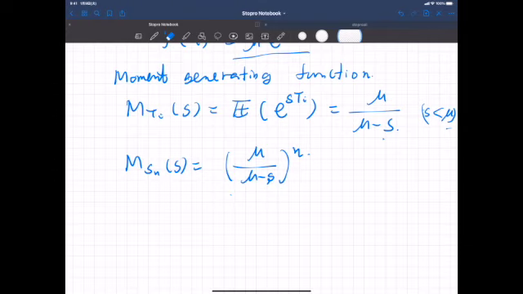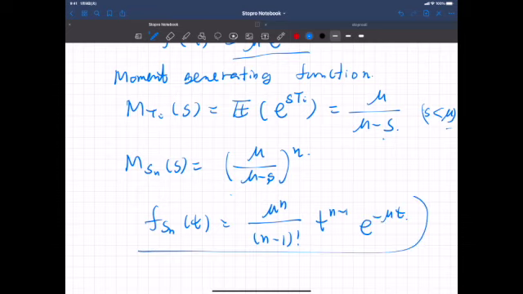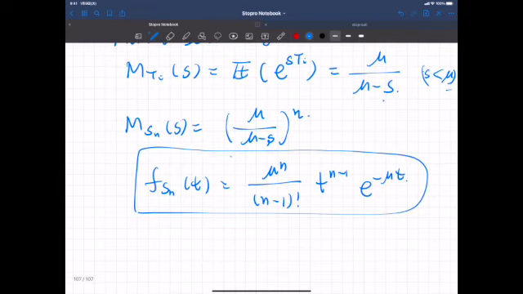So its density function is given by this. It's a little bit involved, but you can just look up some table of distributions. And yes, so this should be the density function of the waiting time of a customer.